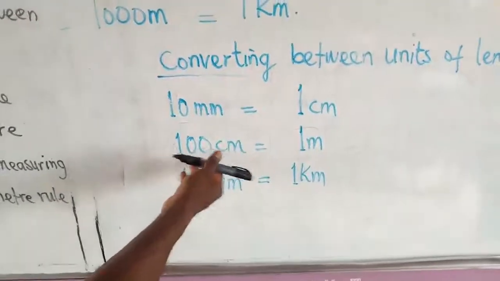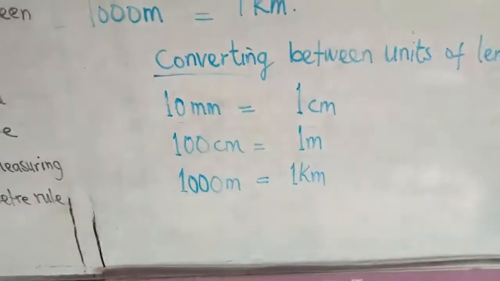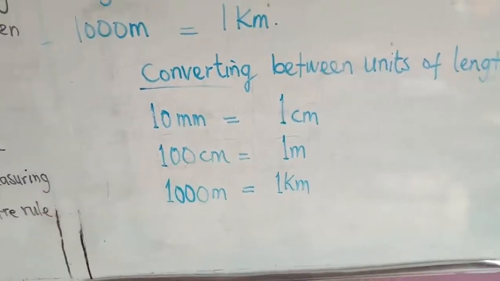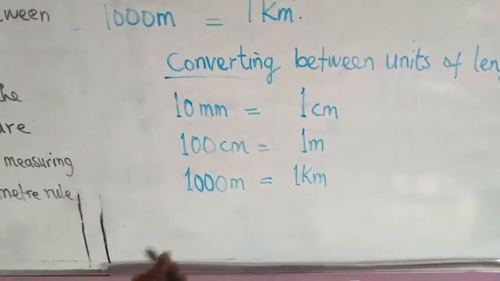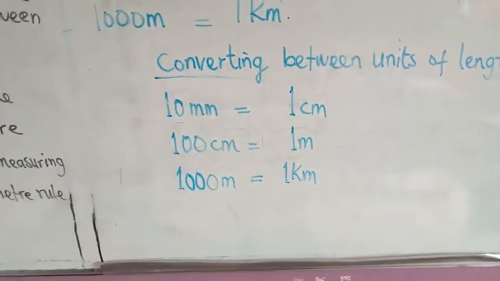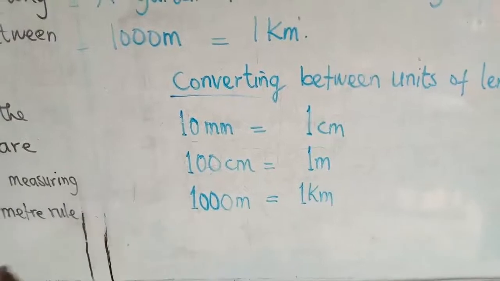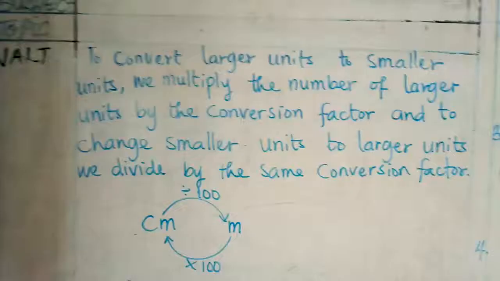Then 100 centimeters make 1 meter. That means the conversion factor is 100. And then for kilometer, 1000 meters make 1 kilometer. The conversion factor here is 1000.